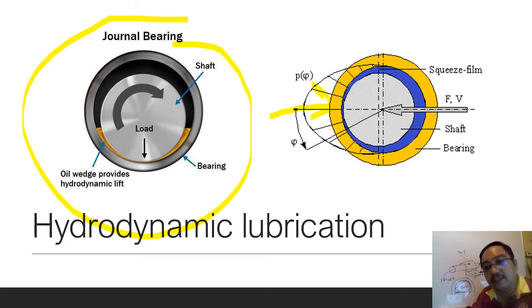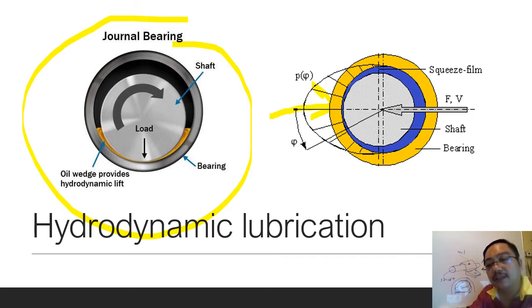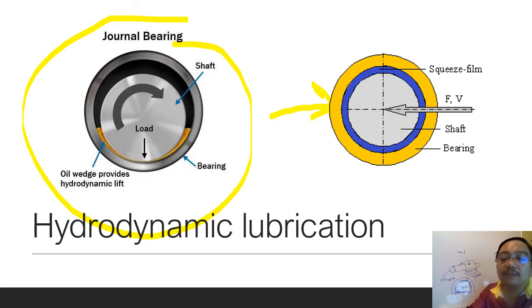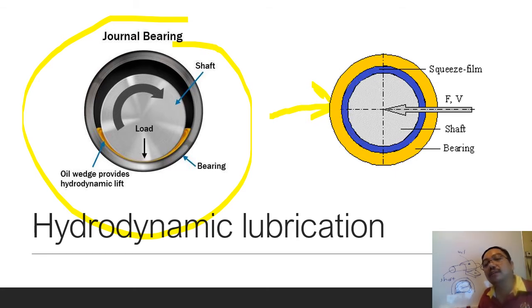When there is a wedging action, when it rotates, at any point of its position the force becomes a wedge like this. The force is actually not going to the left only, it will go up, down, left, right, all over the place. So this is the bearing, this is the journal, and this is the load because of the weight of the shaft itself, and also because the shaft is rotating all the time.